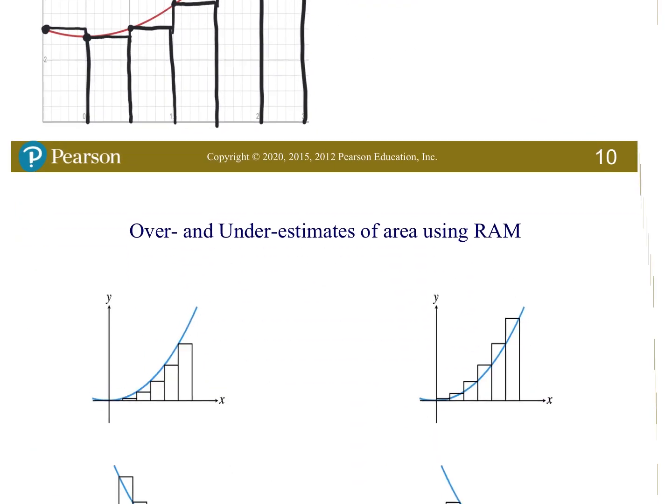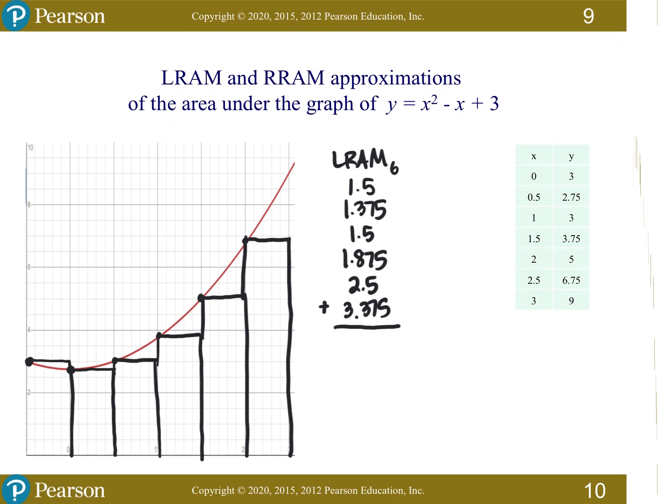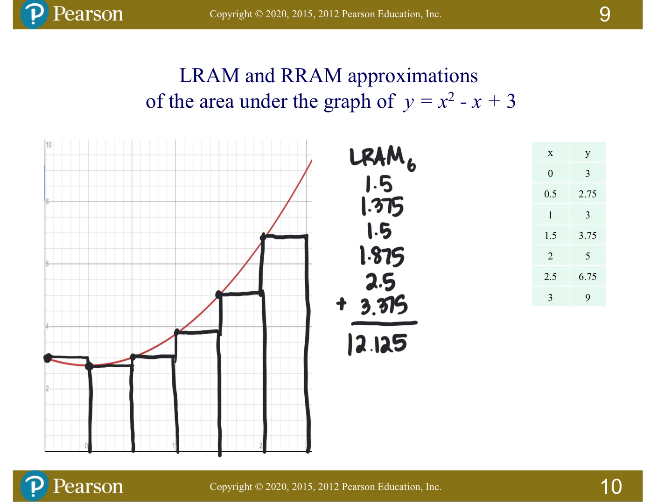Okay, let me know if somebody gets one. 12.125. 12.125, okay. Overall, for that total, would you say that that's likely to be too big or too small?